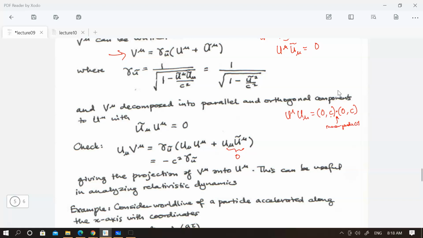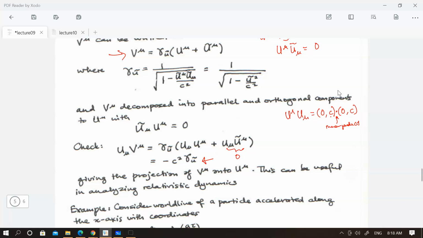And then essentially what it does is it simply projects the velocity along the direction of your u mu. That is a kind of physical interpretation of this quantity here. The part which is orthogonal to u mu is going to drop off.